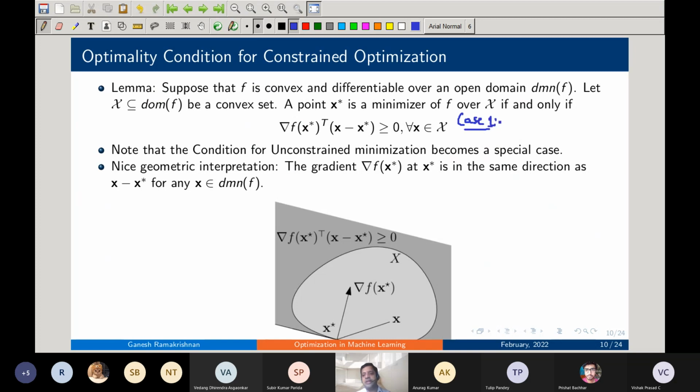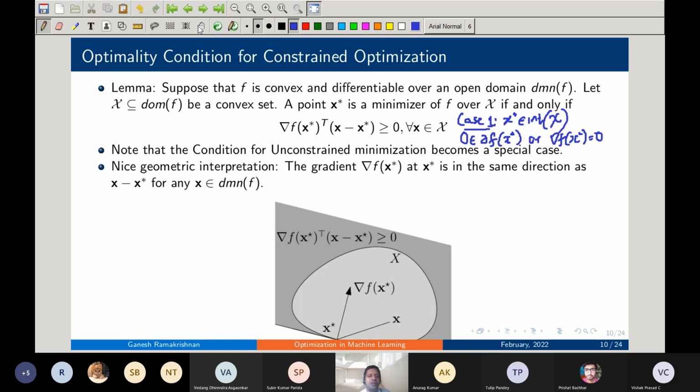Case one: let's say x star is in the interior of calligraphic X, or this capital X. If it's in the interior, then it's very simple. 0 belongs to the subdifferential of f at x star, or more specifically, if it's differentiable, that's like saying the gradient of f at x star is vanishing, and this holds.